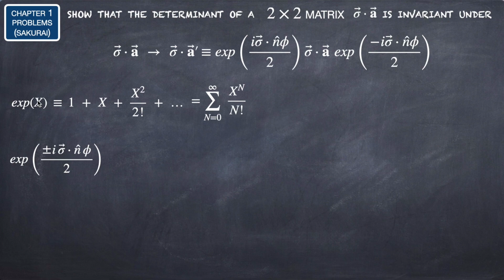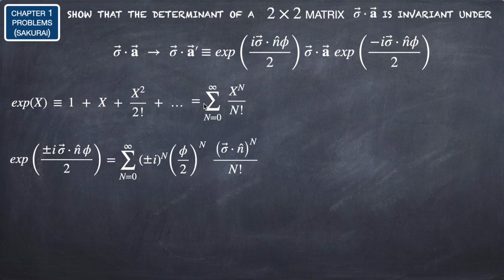So instead of x, we have this argument. And then we're going to write it as the summation from 0 to infinity of plus or minus i phi over 2 to the power of n, this matrix sigma·n to the power of n over n factorial.